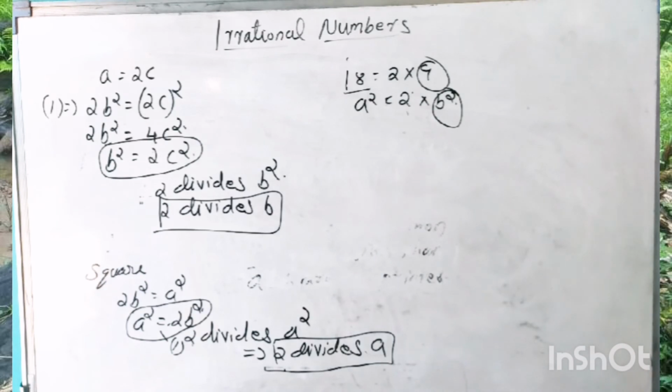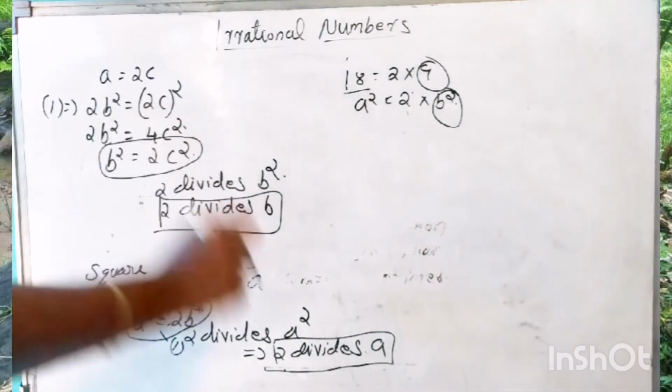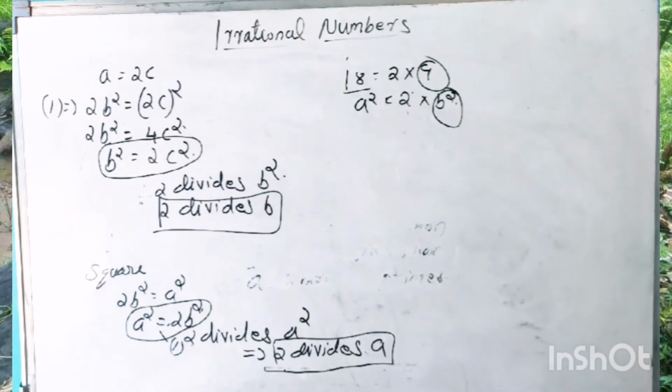What was our assumption? We assumed root 2 is a rational number. That is not possible. If root 2 is a rational number, we got wrong conclusions, so our assumption is wrong. Root 2 is not a rational number.